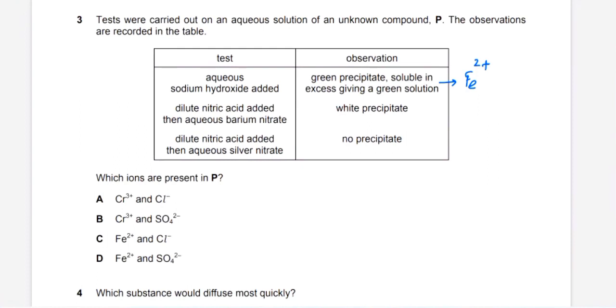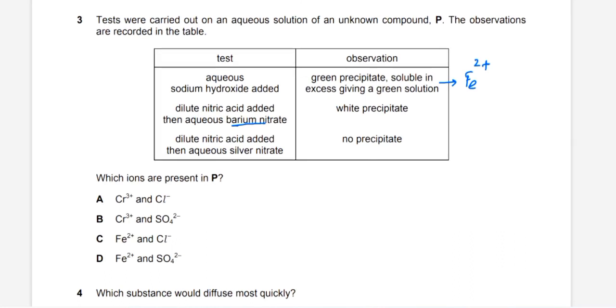When you add dilute nitric acid and then aqueous barium nitrate, a white precipitate is formed. This confirms that its cation is iron, which is what gives the green precipitate. When we add nitric acid, it acts as a catalyst and increases the rate of reaction; you can say it reacts with the impurities.